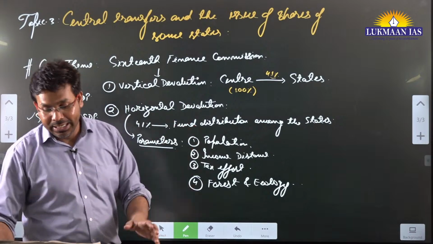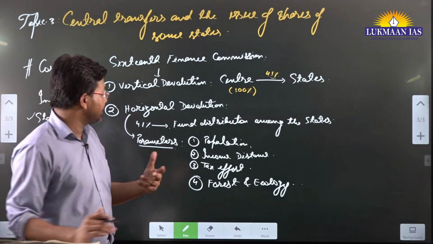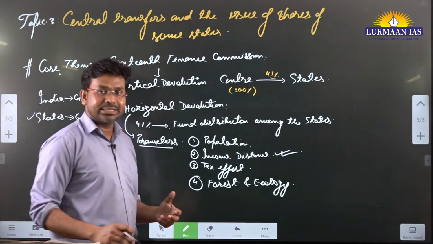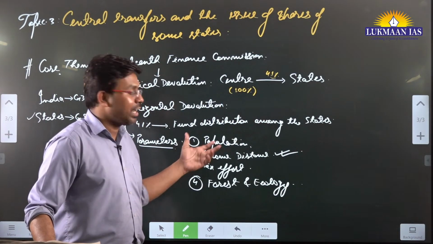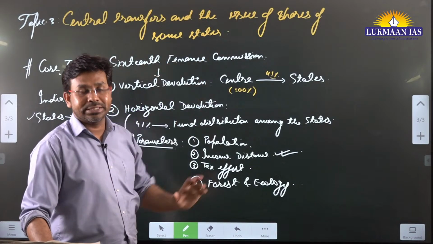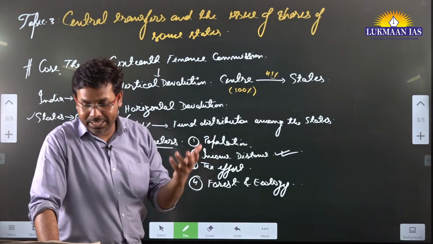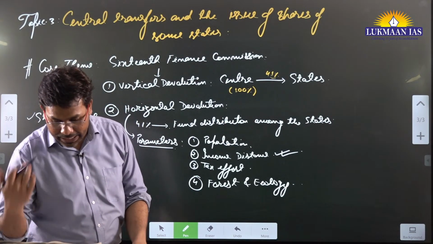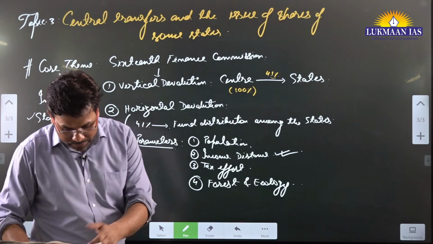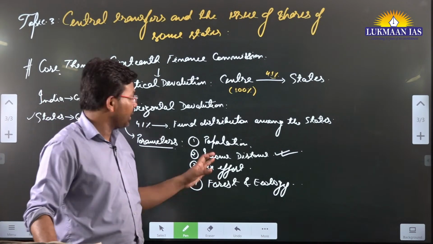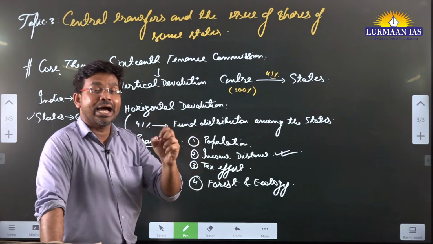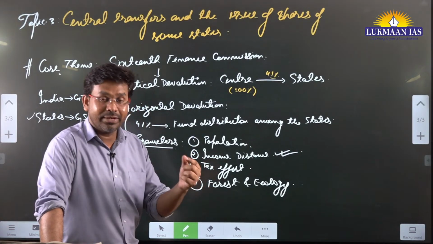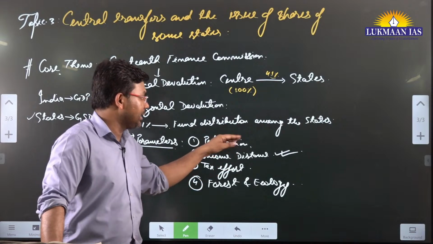So in this article the author has discussed the income distance criterion. Earlier, the weightage given to income distance was really high. Here the author is suggesting that income distance must be given lesser weightage in the overall devolution.